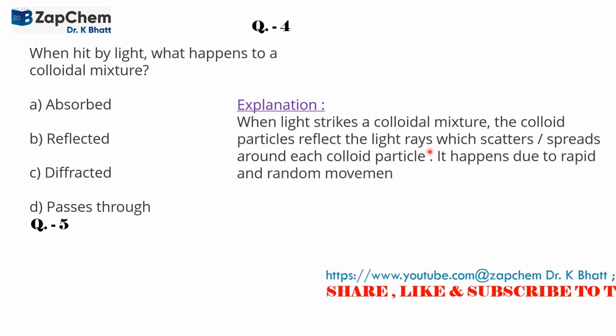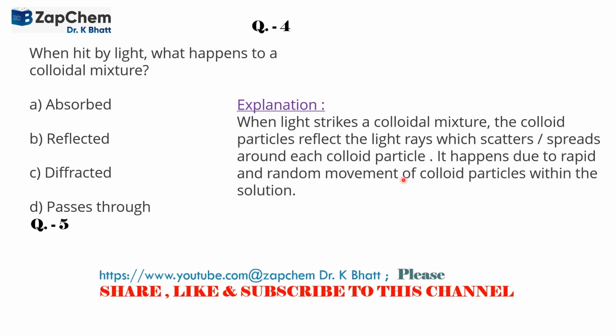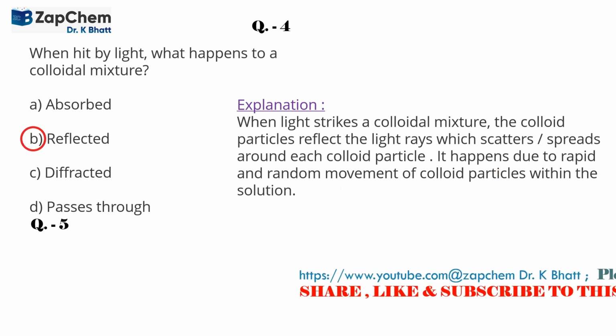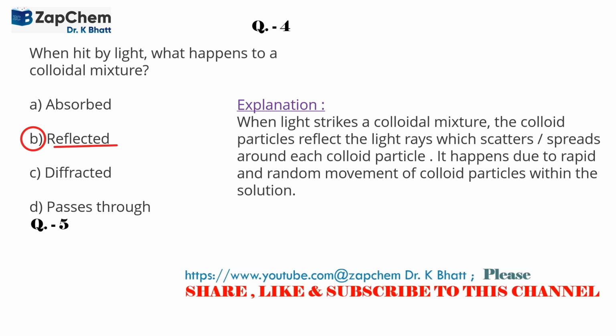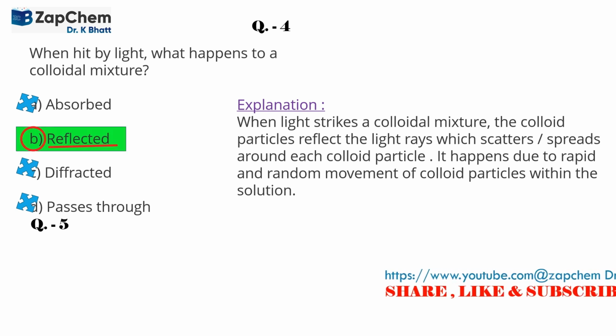So light gets scattered and spreads around each particle. It happens due to rapid and random movement of colloid particles within the solution. Therefore, the correct answer here is B, that is, it gets reflected. All other answers are not suitable here.